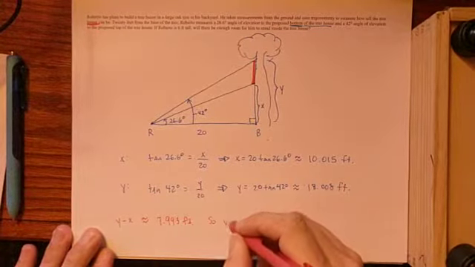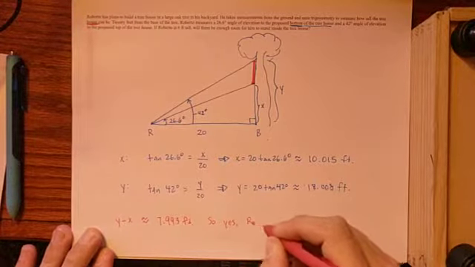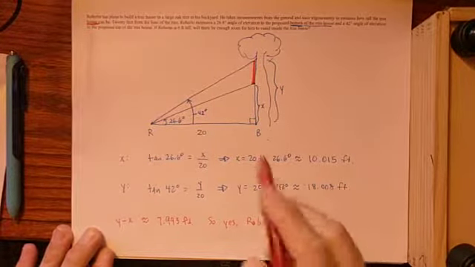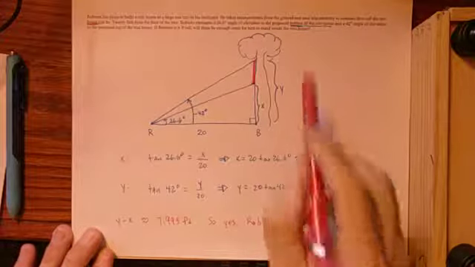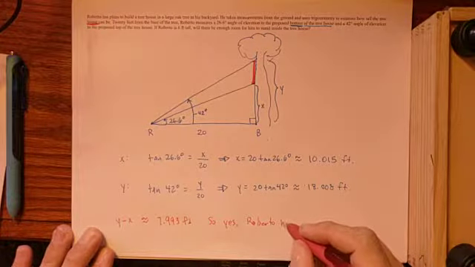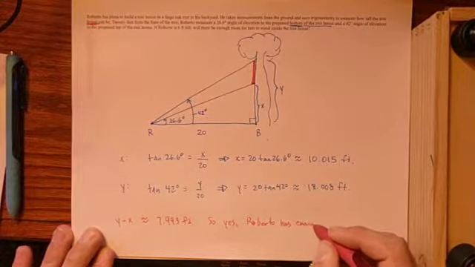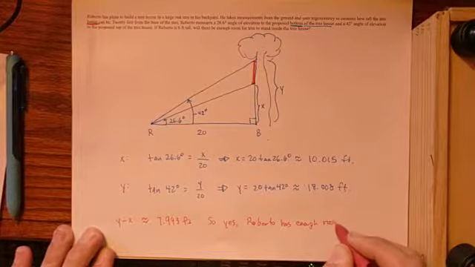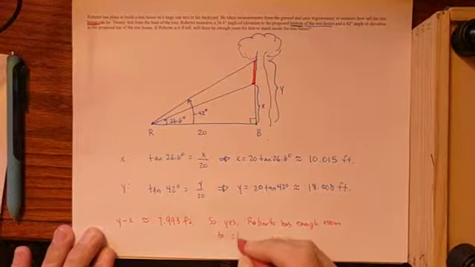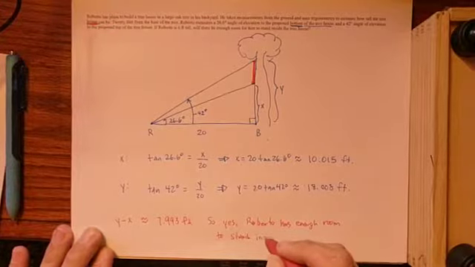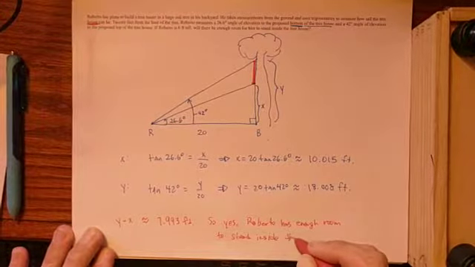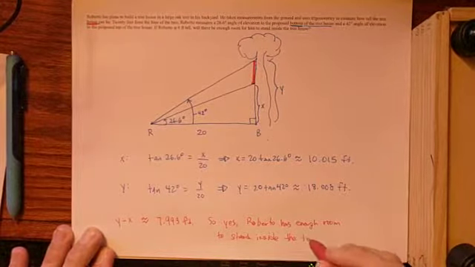Okay, so yes, Roberto can stand inside the treehouse, or has enough room to stand inside the treehouse. I'm sorry about my terrible handwriting here, but you get the idea.